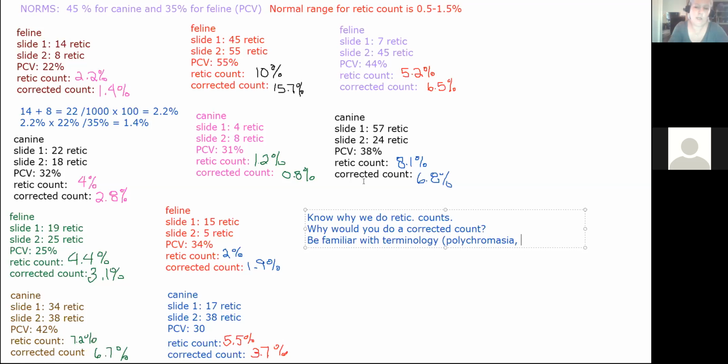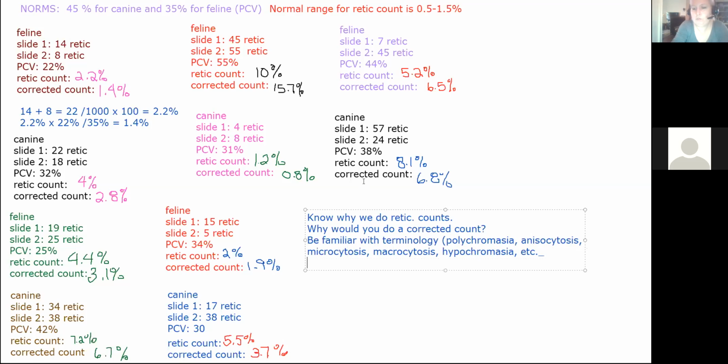That would be the various colors, various sizes, so anisocytosis. And then the sizes, you could also have microcytosis, macrocytosis. If it's pale, hypochromasia. So be familiar with all of that.